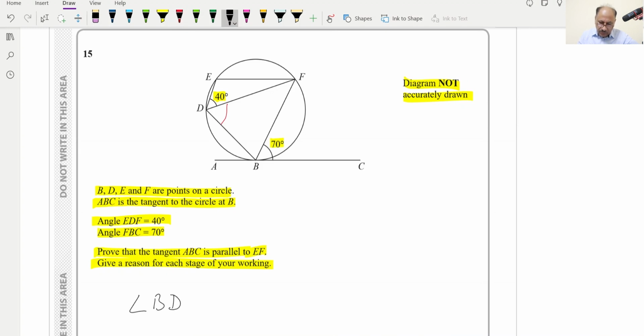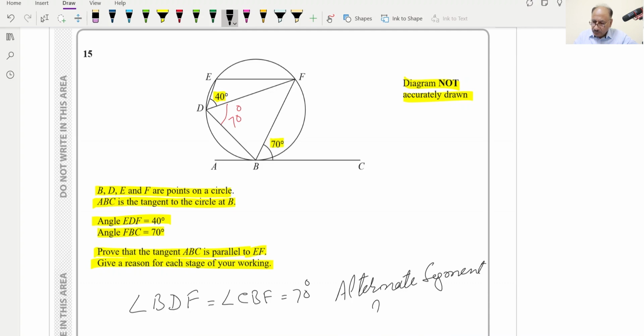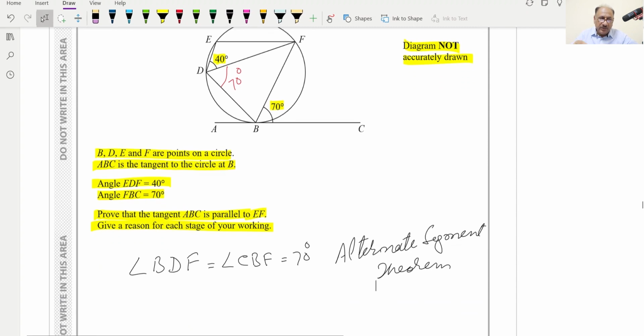Angle BDF will be equal to angle CBF, which is equal to 70 degrees, and the reason we will write is alternate segment theorem.